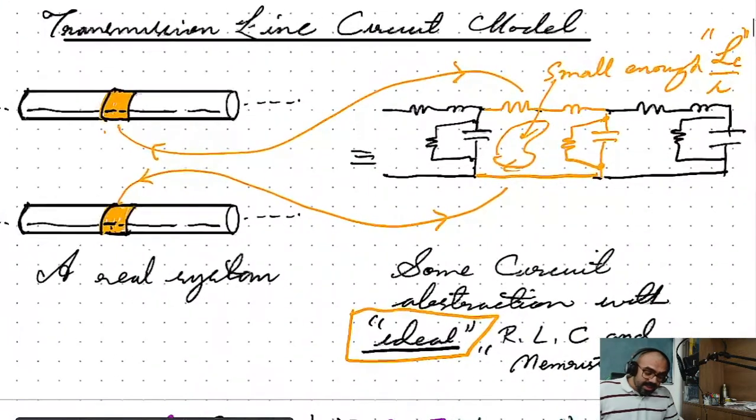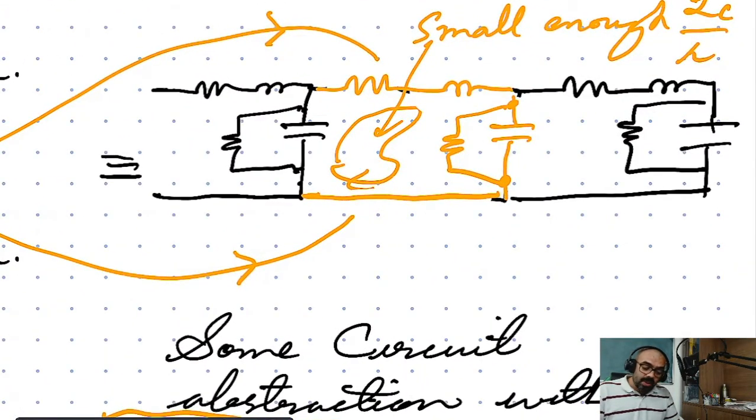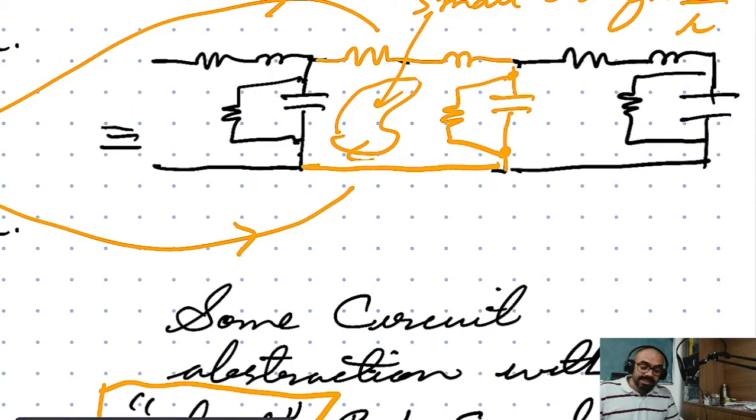Notice that when we construct a circuit representation, we assume that all these components are ideal components. So R is an ideal resistor, meaning it does not have any capacitance or inductance associated with it. Of course, how exactly do we calculate these values? For that, you need to really solve for the fields again.